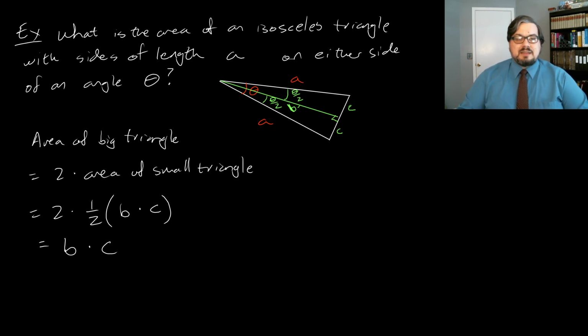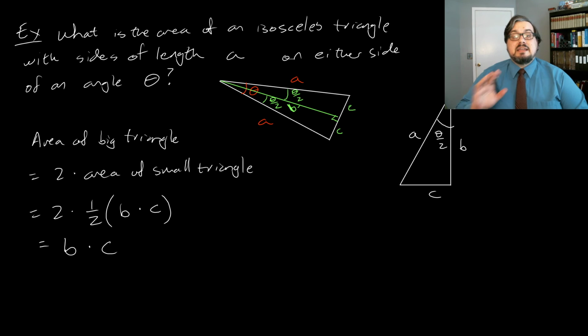So let's think about this. Let me redraw the small triangles that we're working with. We have B, C. This angle up here is theta over 2, and the side length A. Remember, A is a given quantity. We want to express things in terms of A and theta.